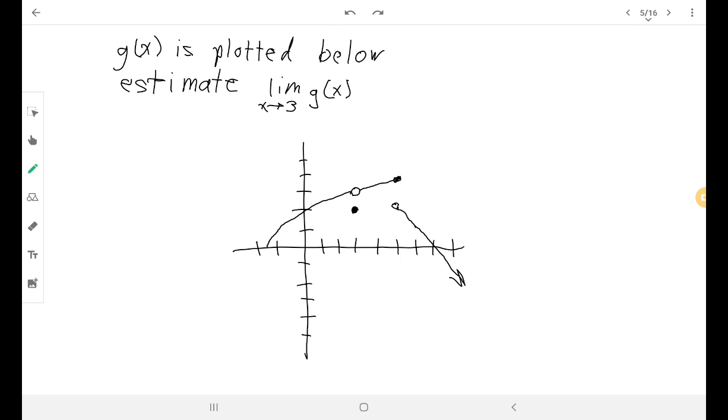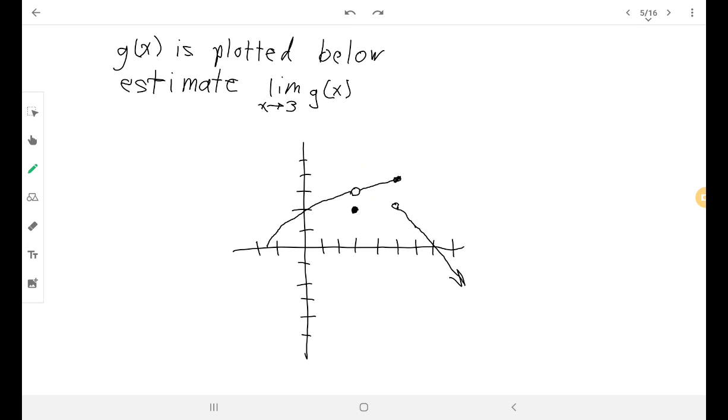So let's look at it, okay? When you look at it, you notice that there's an open circle, meaning that the point doesn't actually exist there. And then there's a closed circle, meaning that the point actually does exist there.